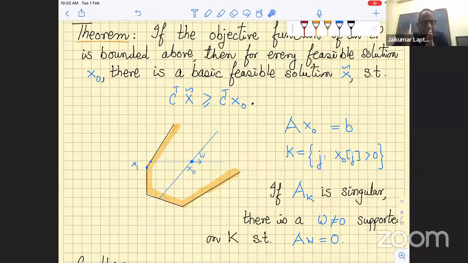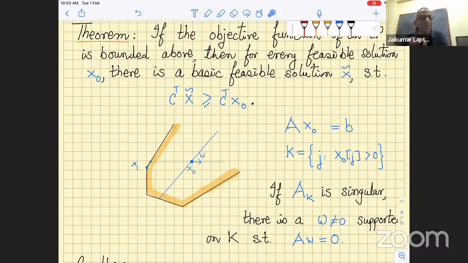Which are the columns where this feasible solution has positive values? Now, if those columns are linearly independent, then we are done. Because if there are already m of them, then x0 itself is a basic feasible solution. If there are not m of them, then there must be fewer than m, because the number of rows is only m.